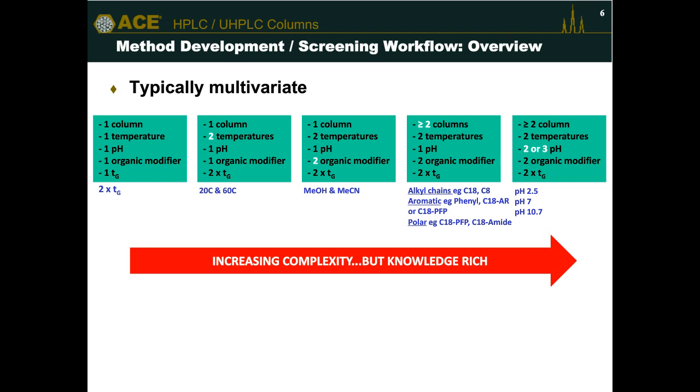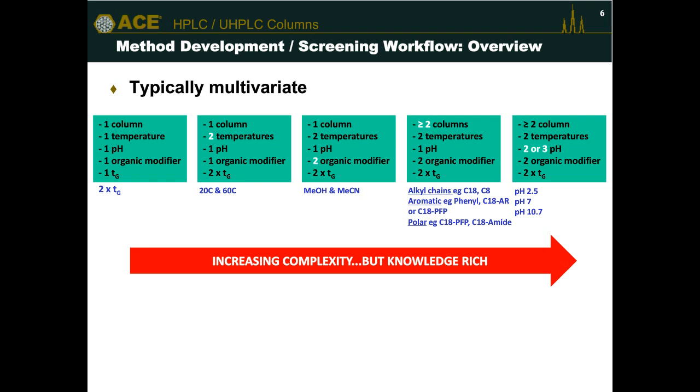We have alkyl chain-based columns, so these are dominated by hydrophobic interactions. C18 and C8 are very common. We have aromatic type stationary phases, for instance, phenyl, and we have other types, extended phenyl, even pentafluorophenyl type phases. And then we have polar type phases as well. I'm not including things like ion exchange and those types of phases here. So we have polar interaction type phases, that could be a polar embedded phase, such as the C18 amide, for instance.